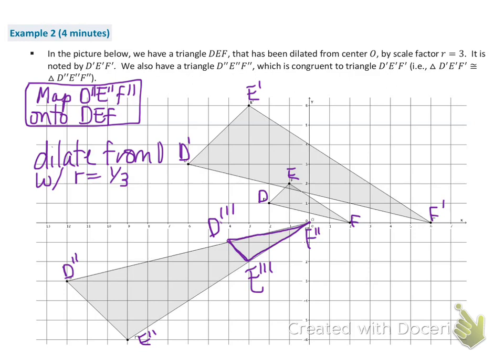Let me get it colored so you can see the difference here. Our translation is going to go 2 units to the right. So we're going to translate 2 units to the right.